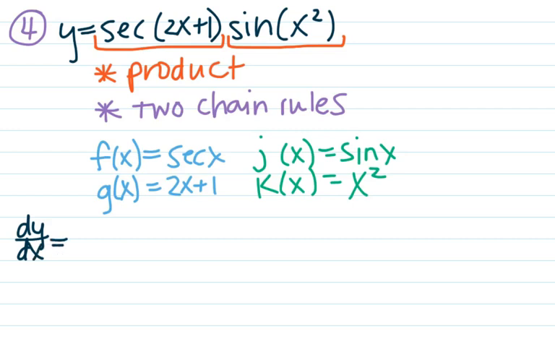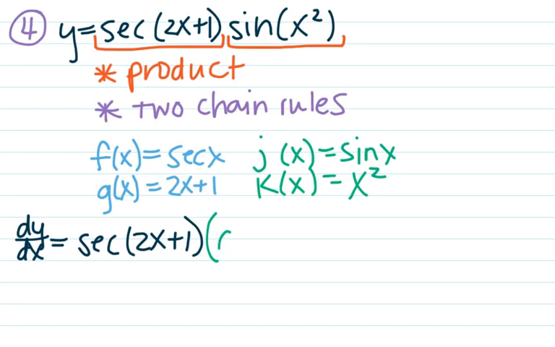So dy dx. We're going to first have to address the product rule, which says first d last plus last d first. So first means that secant of 2x plus 1 stays the same. Then we take the derivative of the last. When I do that, I have to take the derivative of the outside, which is the sine x.